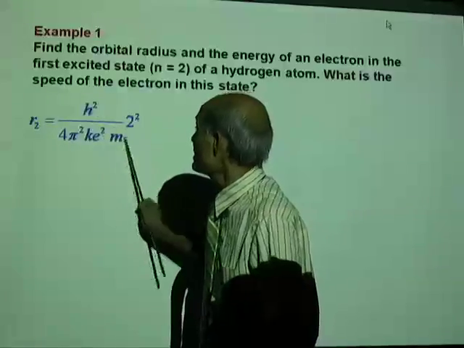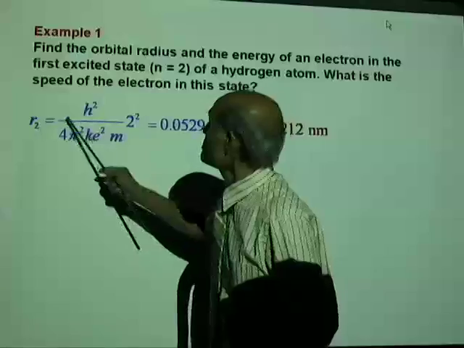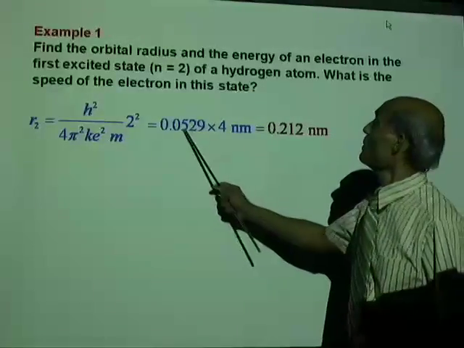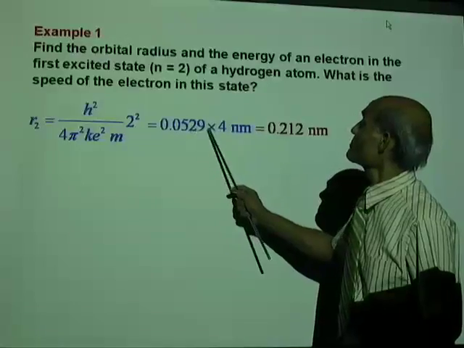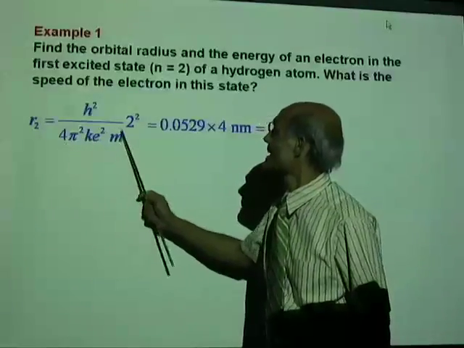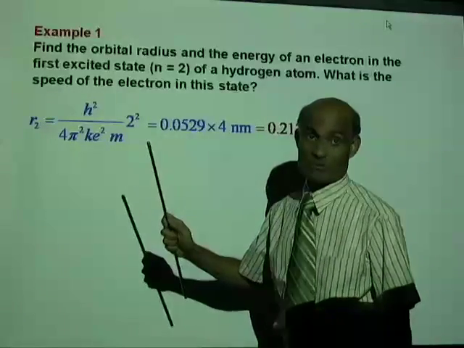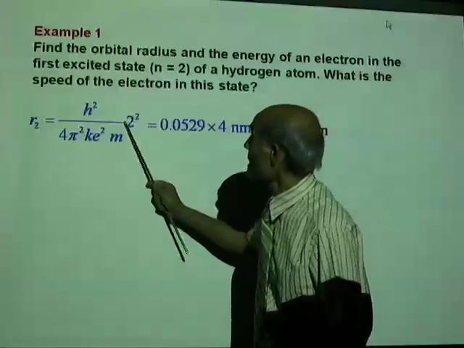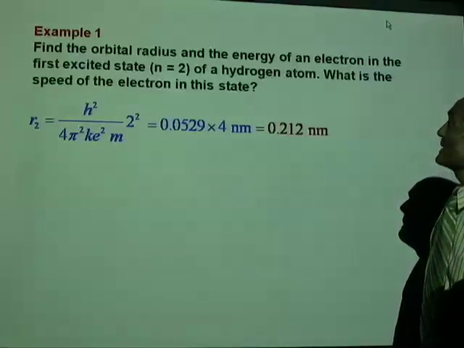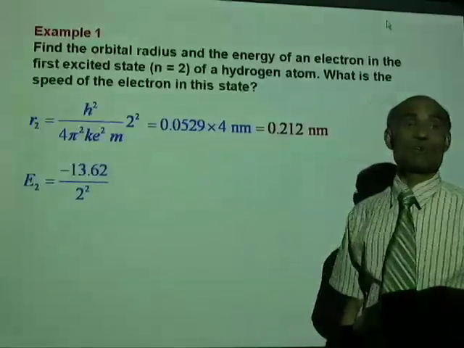Put in all those values and calculate: 0.0529 nanometer, times 2 squared, which is 0.212 nanometer, and that's the radius of the second orbit.